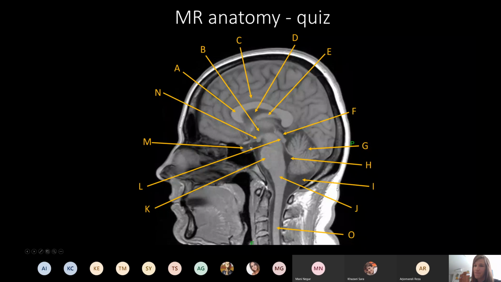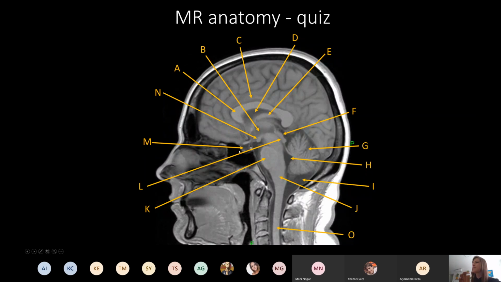I. The cisterna magna. Yes. J. Brainstem. Yes. K. Pons. Yes. L. Inferior colliculus. Yes. The aqueduct.